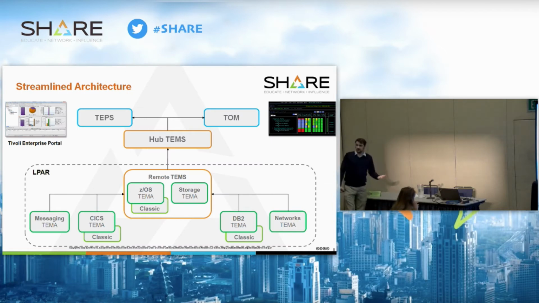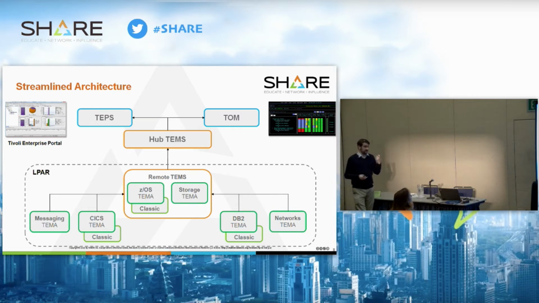Another thing just to quickly call out about the latest 550 releases is that we've streamlined the architecture. This is a really simple diagram, but I just wanted to clarify what a typical installation might look like if you've deployed a number of OMEGAMONs. On an LPAR, you'd probably have different agents for the tools that you want to monitor.